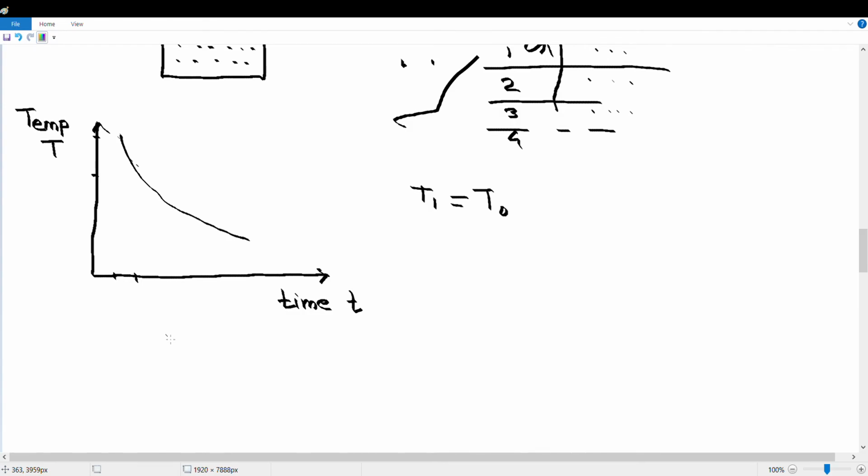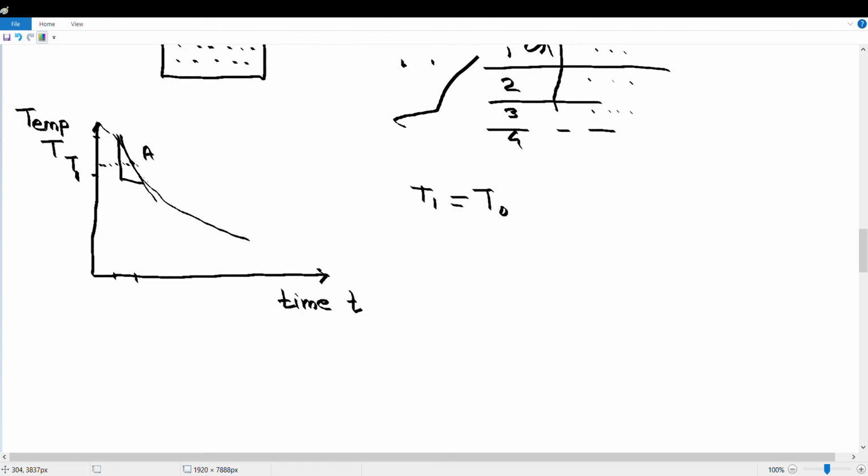If we draw a tangent to this curve, what is a tangent? A tangent is a line which touches the curve. Suppose this is the point A. At this point A, suppose the temperature is T1 degrees Celsius.